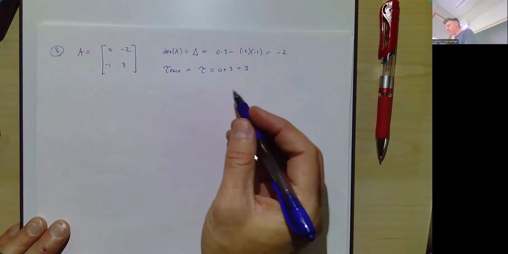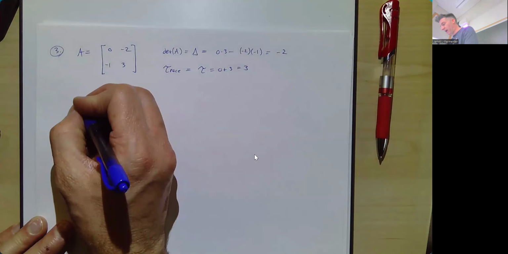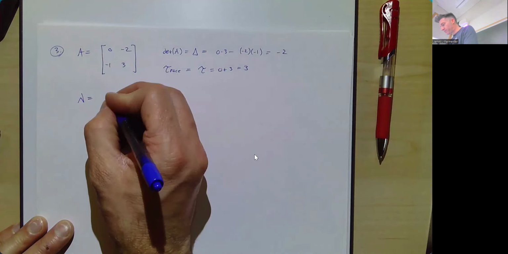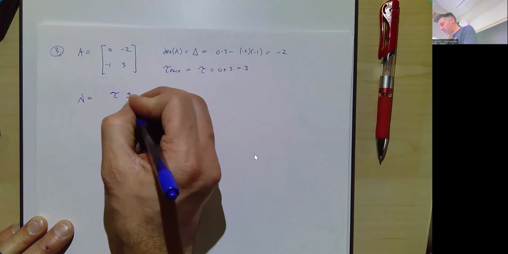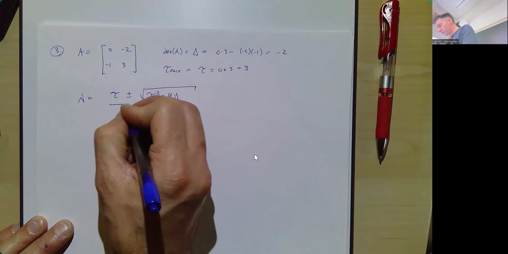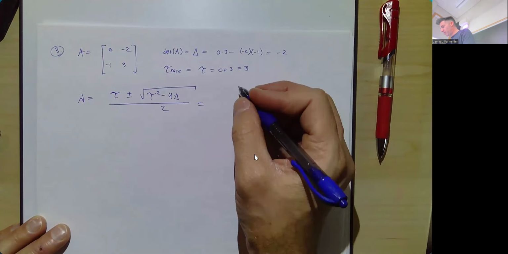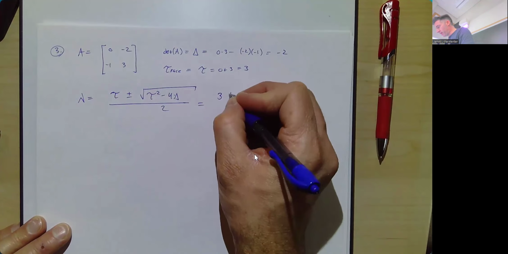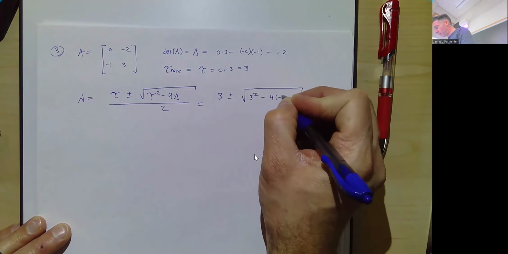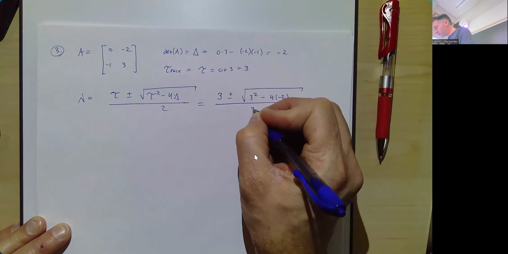So here's what's happening here. If I use this formula to find my eigenvalues, it's going to be the trace plus or minus the square root of your trace squared minus 4 times delta, all over 2. Now check this out. It's going to be 3 plus or minus the square root of 3 squared minus 4 times -2, all over 2.